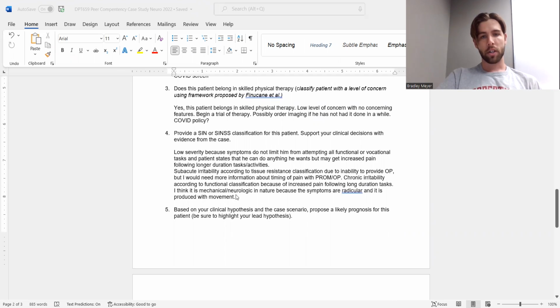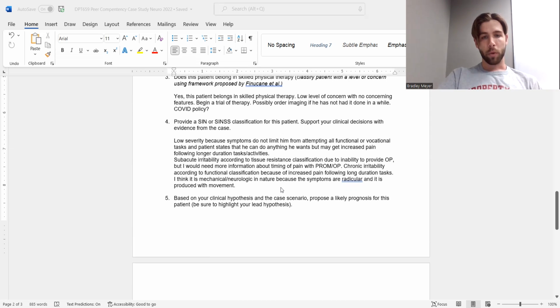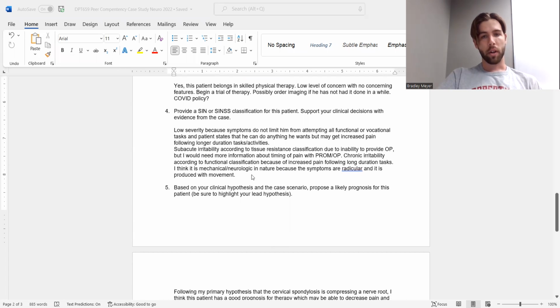Irritability status, according to the tissue resistance classification, I would put as subacute. And that's just going off of the inability to provide overpressures due to pain. I took that as they could get to end range. He felt pain there, and then they couldn't provide overpressure after that, which would match with the subacute irritability.